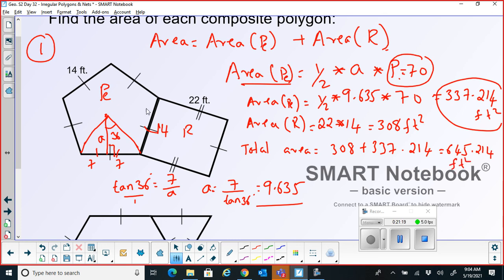That is our composite total area. Okay, I hope this is clear.